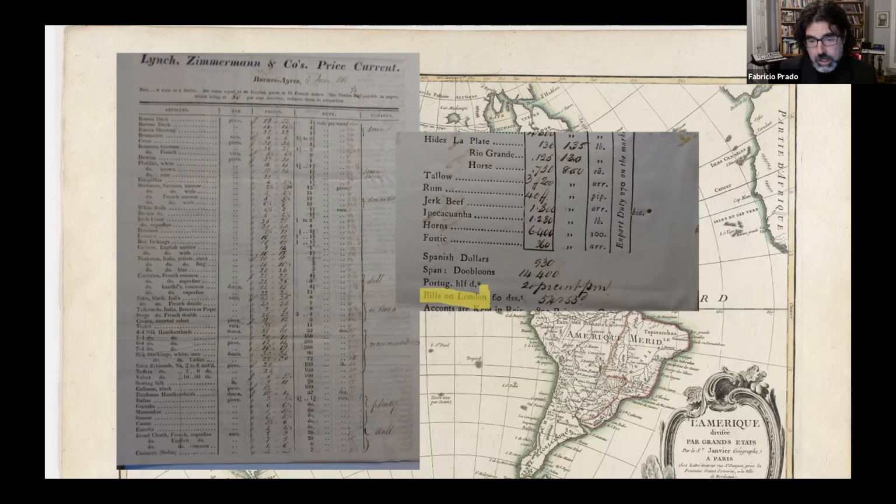And in order to give an example and show that this is a human process, right? It's a macro process, but we can find it at a micro level, at the individual level. So I will zoom in on one individual who was an agent for a very important American commercial firm, Brown and Ives from Providence, Rhode Island.